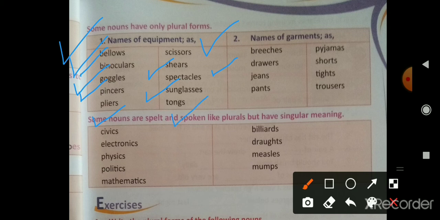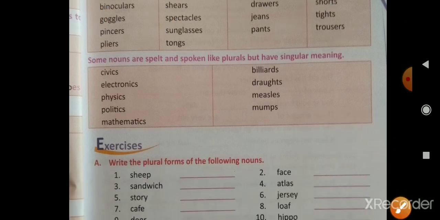So these are the names of equipment which always come in plural form. And the names of garments also, like breeches, drawers, jeans, pants, then pajamas, shorts, tights, and trousers. So these are the words which always come in plural form.